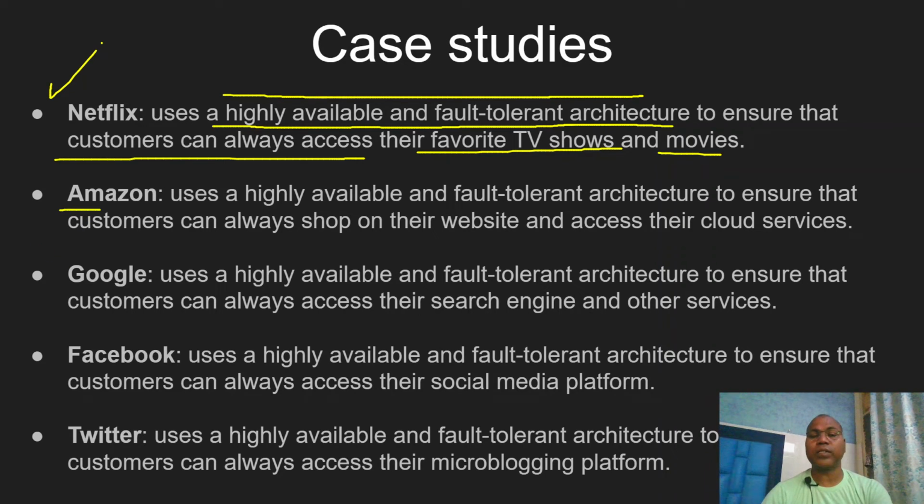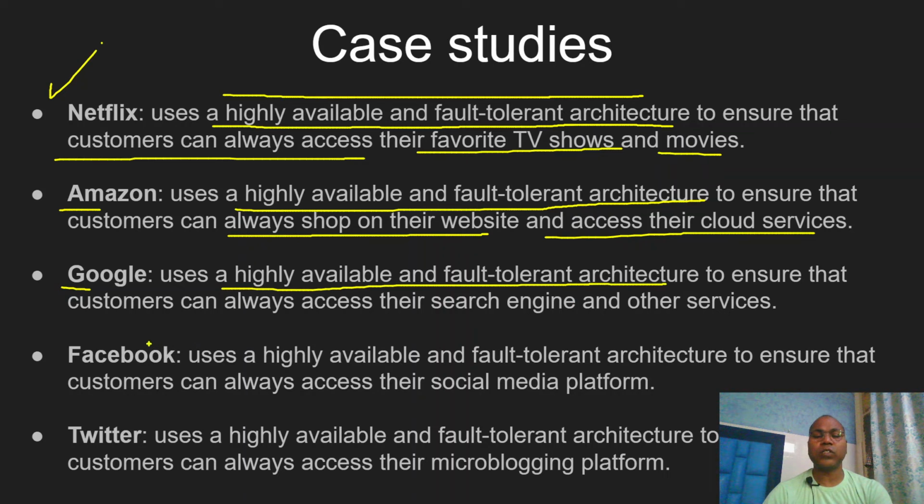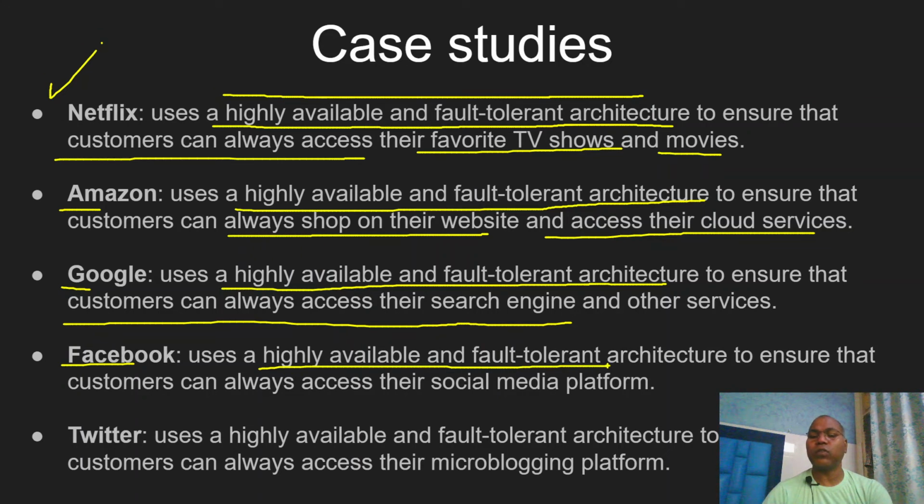Similarly, Amazon, as I discussed, has a highly available and fault tolerant architecture to ensure that customers can always shop on their website and access their cloud services. Similarly, Google provides a highly available and fault tolerant architecture so customers can always access their search engine. Facebook and Twitter also have highly available and fault tolerant architectures.